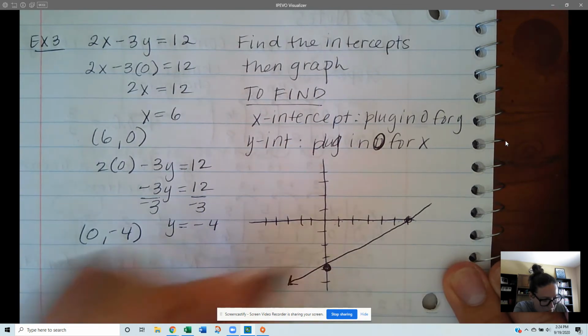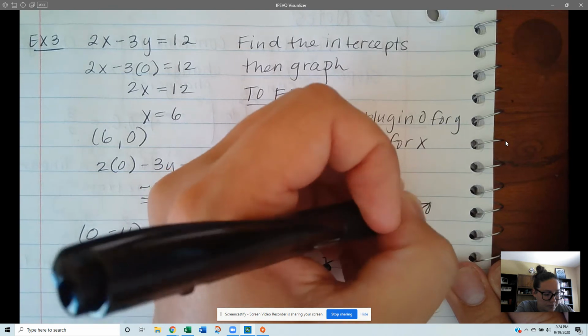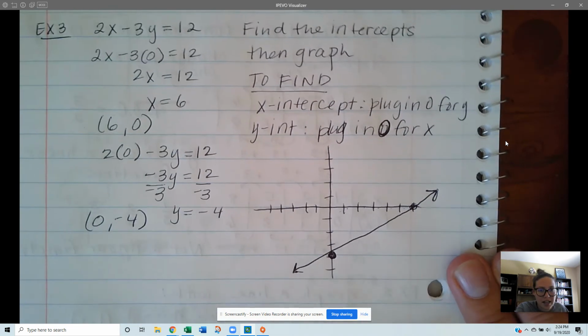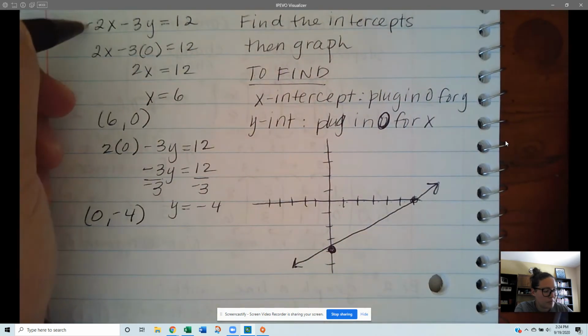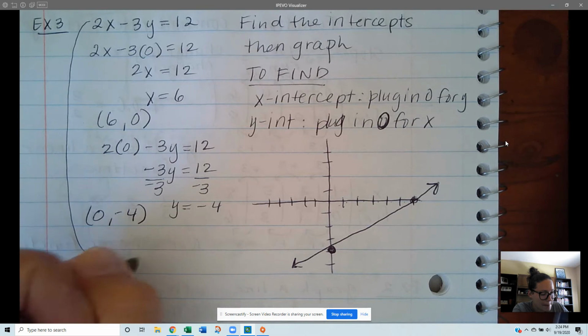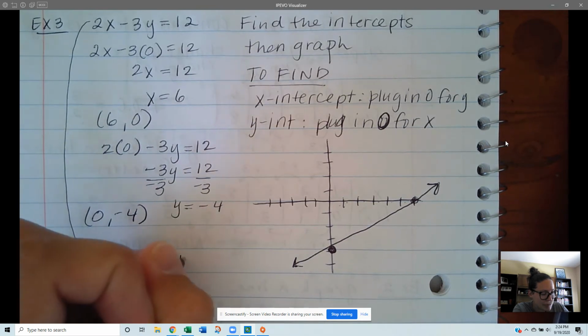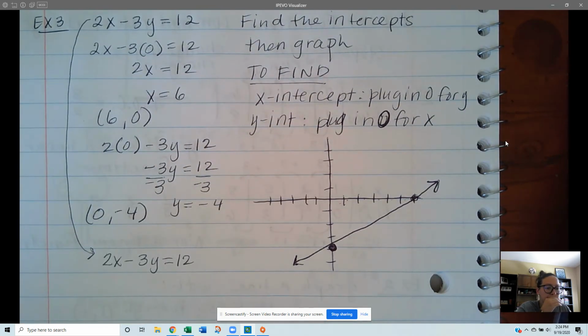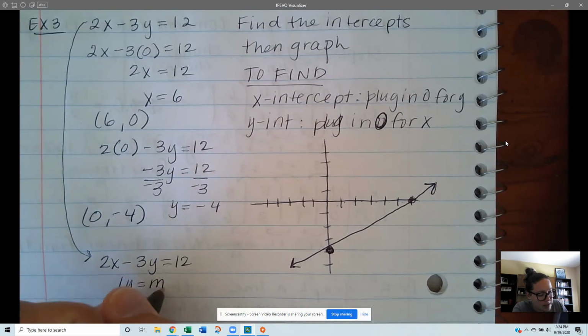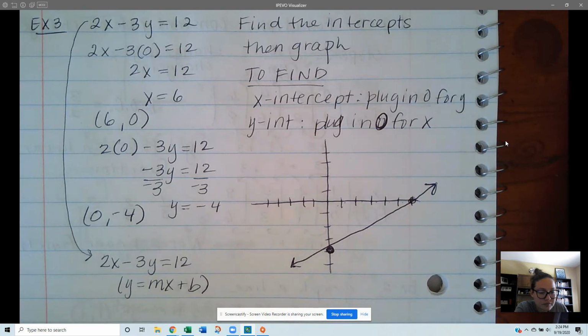Now, let's just say, for example, I wanted to put this in slope-intercept form. To put it in slope-intercept form, remember that's y equals mx plus b. How would I do that? I would subtract 2x from both sides.